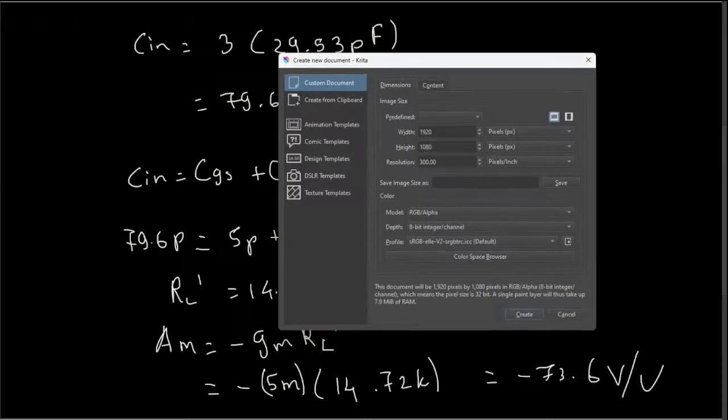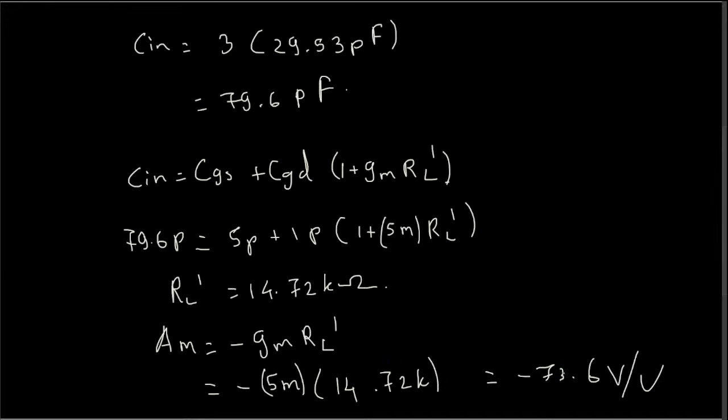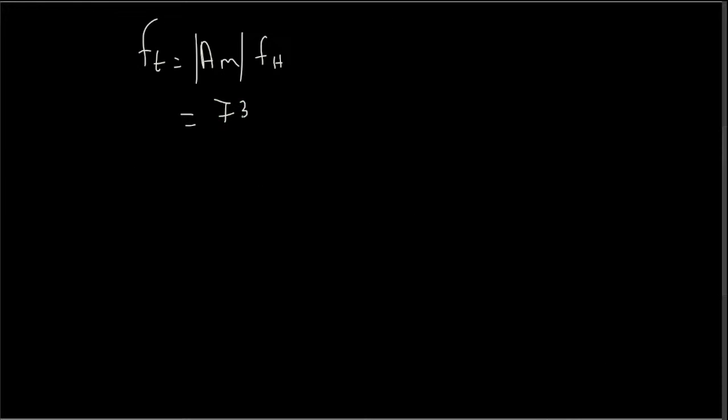Now to find out the bandwidth, this equation we have to use. Ft is equal to AM times fh. This is absolute value of AM, so the negative midband gain becomes positive, 73.6 right here.